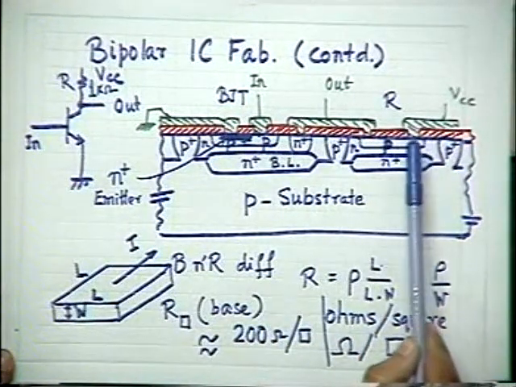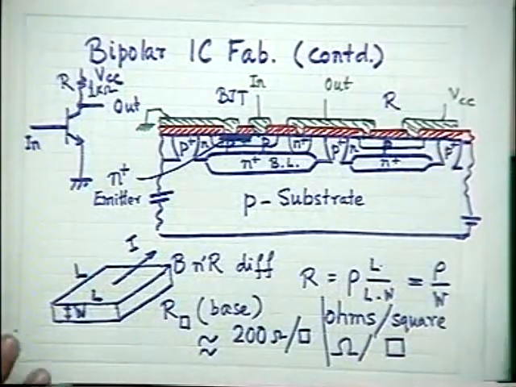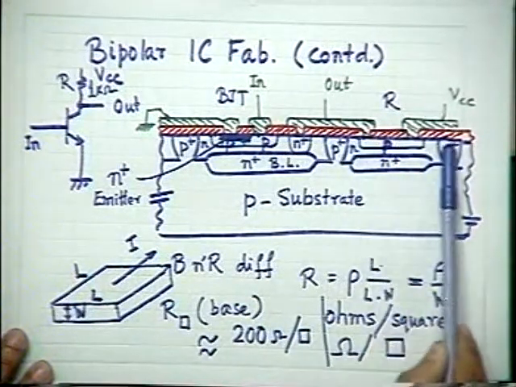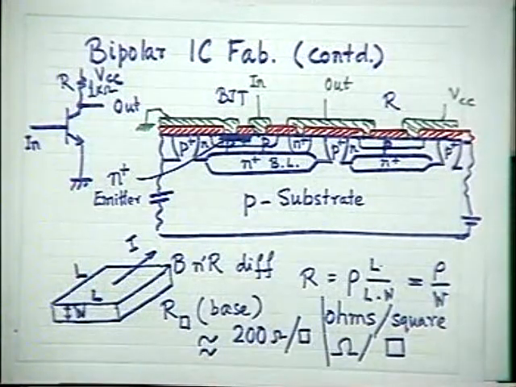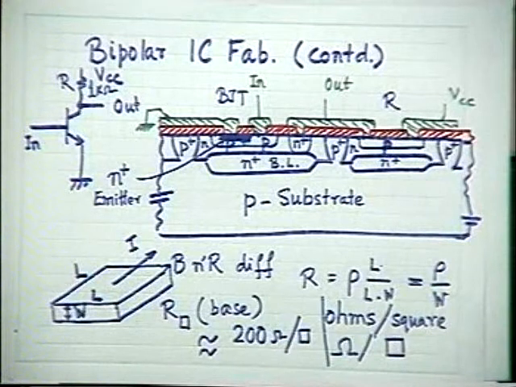Do you understand? Of course, before that I have to have the base, otherwise there will be an isolation problem. Initially I have a base diffusion, just like this one, but within that base diffusion, I open a window of proper shape, proper L by B ratio, so that I can realize, as I told you, 10 ohms per square, maybe the emitter sheet resistance.